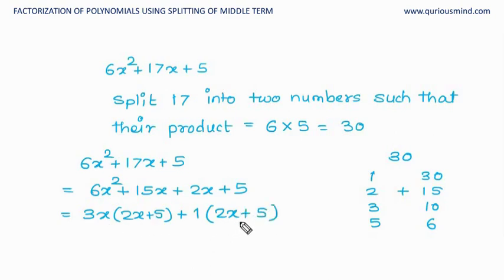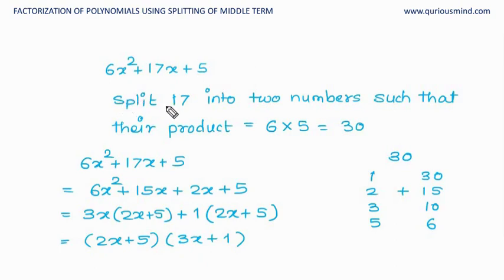Now here 2x plus 5, here also 2x plus 5, that is common. So we take that common out, (2x plus 5), and what is remaining here? (3x plus 1). And thus we have factorized 6x square plus 17x plus 5 by splitting the middle term.